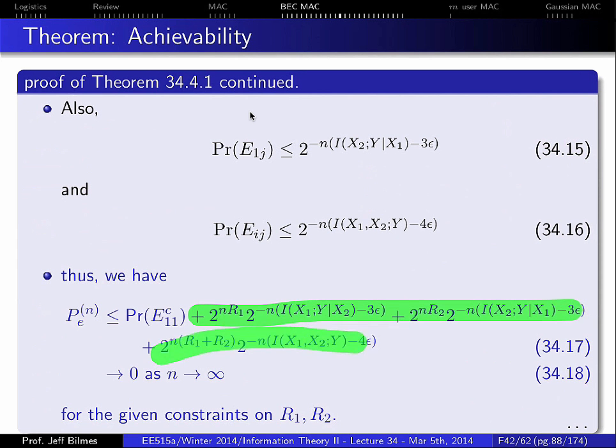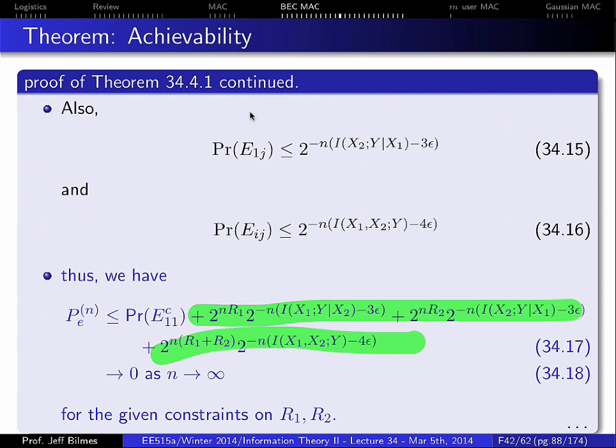As long as it's the case, and that was the assumption that we made, that the rates are strictly less than the corresponding mutual information terms, because then the powers are such that it's negative n times a positive value. So again, we're not saying precisely what happens at the boundary, because what actually happens there depends on a very special case, which we can analyze.